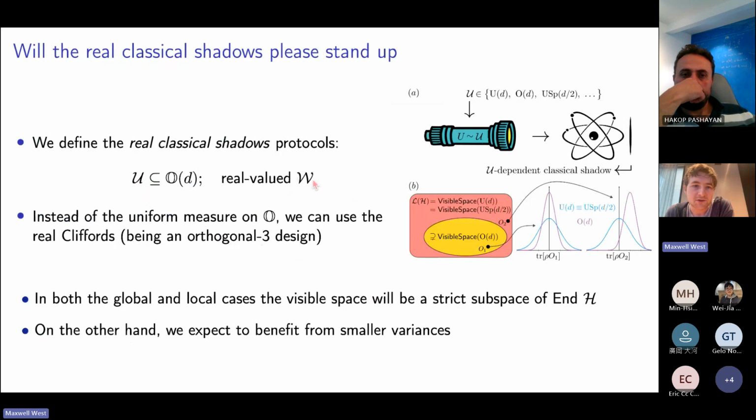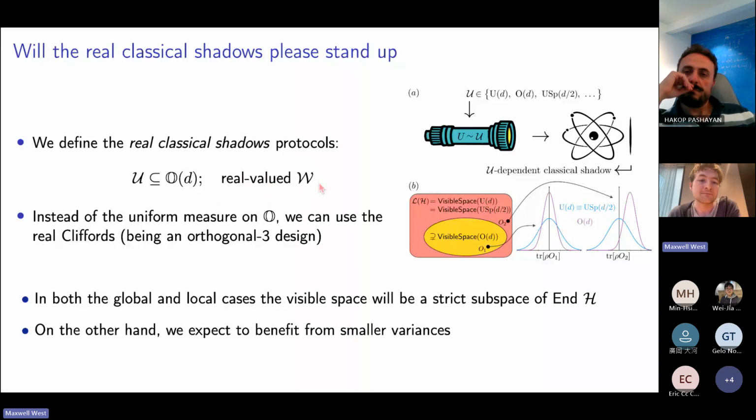By real classical shadows, we're just going to mean a subgroup of the orthogonal group and a real valued measurement basis. We'll relax this measurement assumption right at the end, and we'll see something pretty cool, that's not completely in the paper, that I just realized a few days ago.